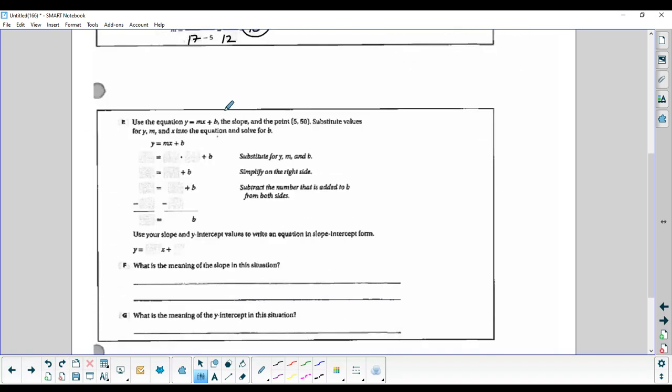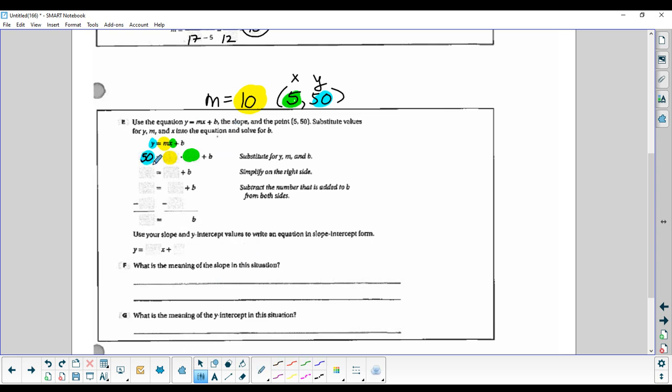So using the slope and the point (5, 50), remembering that points are x, y, I'm going to plug in my slope and my x coordinate and my y coordinate into the formula y equals mx plus b in order to find my y-intercept.